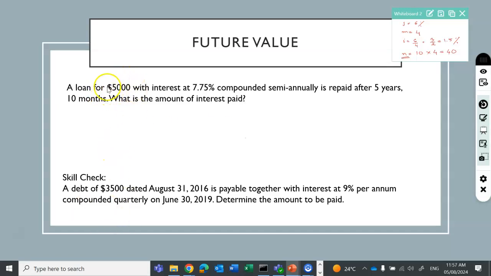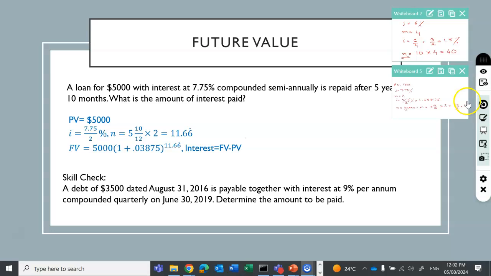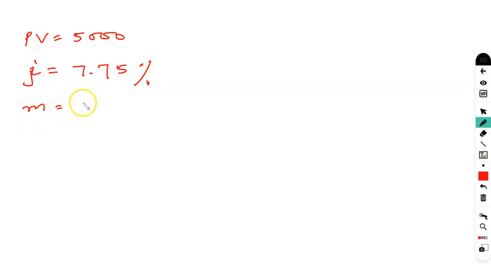So your loan amount is $5,000, that is PV = 5,000. Here j is equal to 7.75%, that is the nominal rate of interest. m, that is the compounding period, is semi-annually, which is 2.